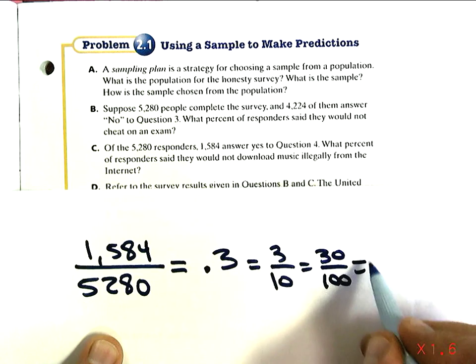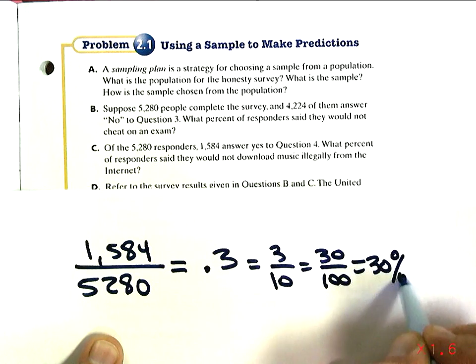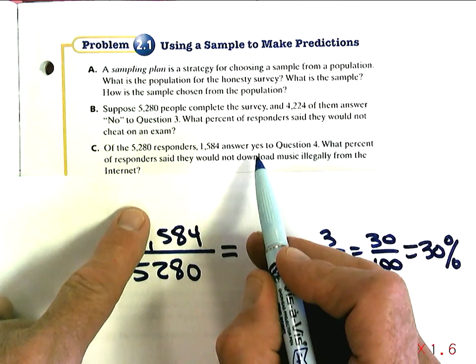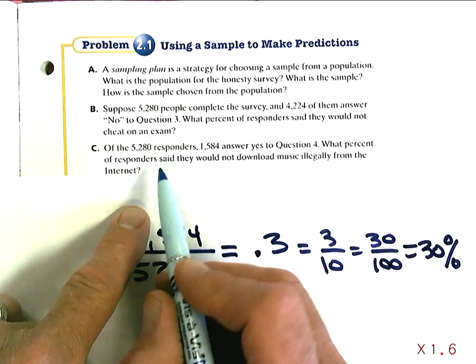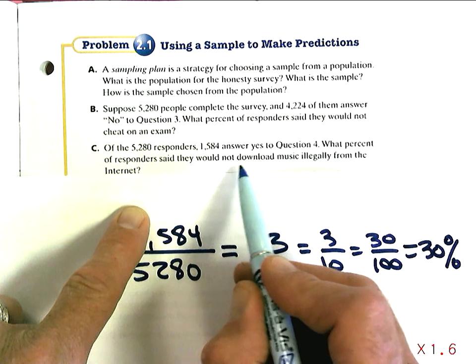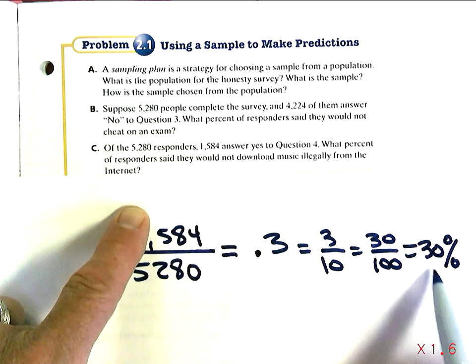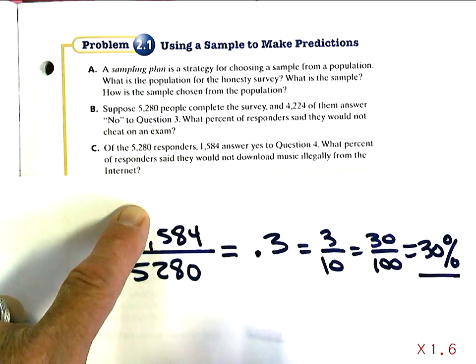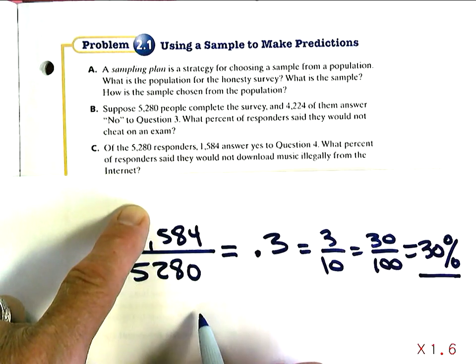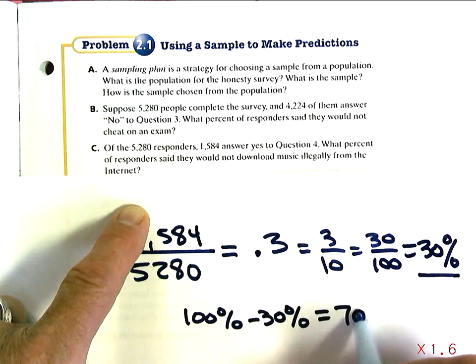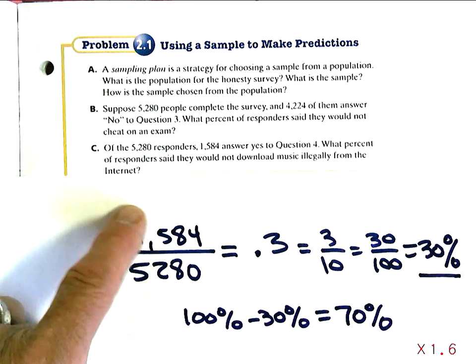or 30%. Now be careful with this one because the question here is 30% said yes they would, so what percent would not? So here's the question, is actually would not. 30% would, so if 30% would, that means the rest, 100% minus 30%, or 70%, would not.